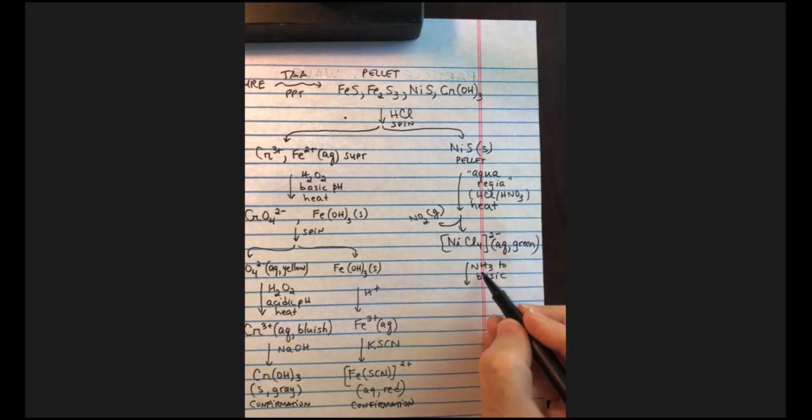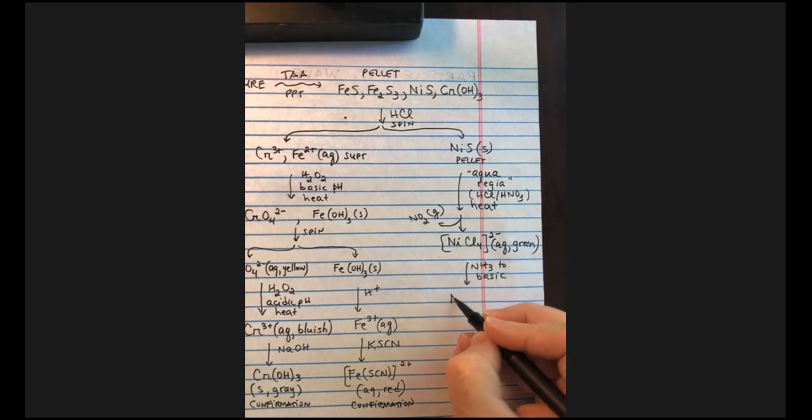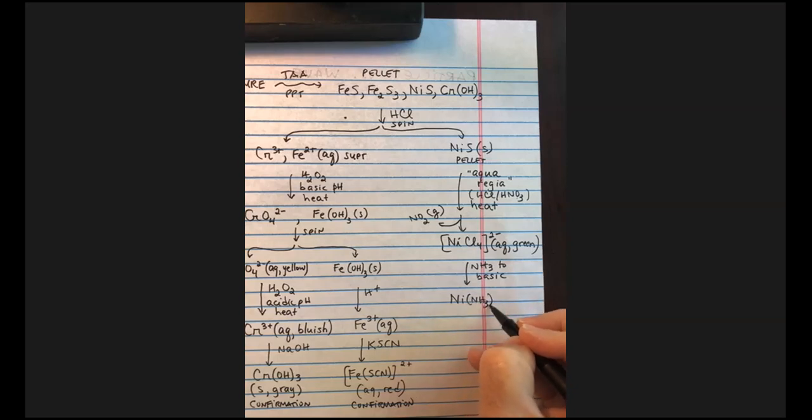What will happen here is that the ammonia is going to replace the chloride ions, and it's going to give us a new complex. We'll study the formation of these complex ions later in the semester. This new complex should have more of a blue color.